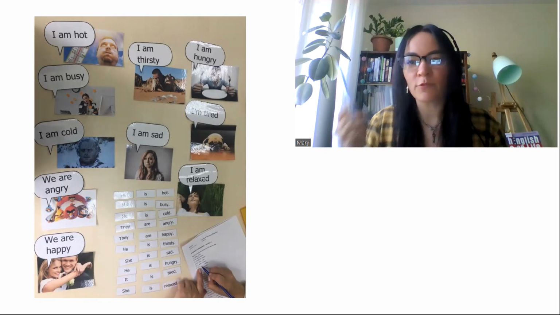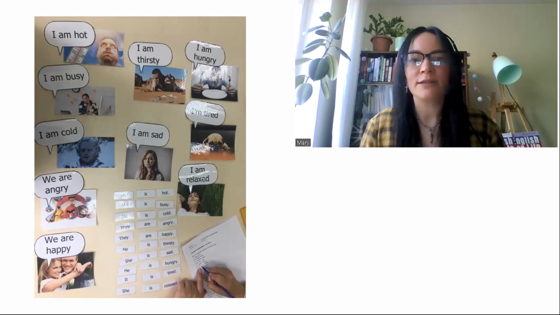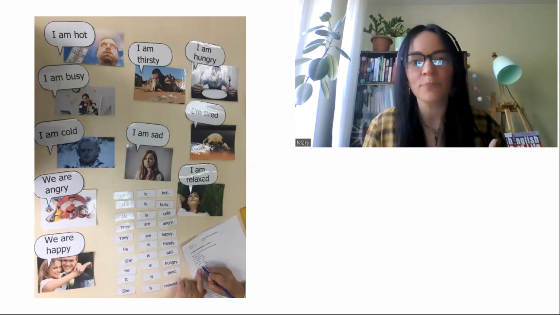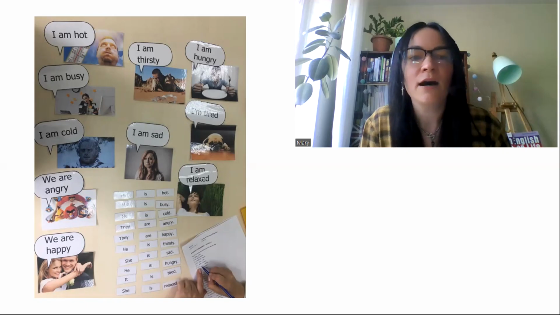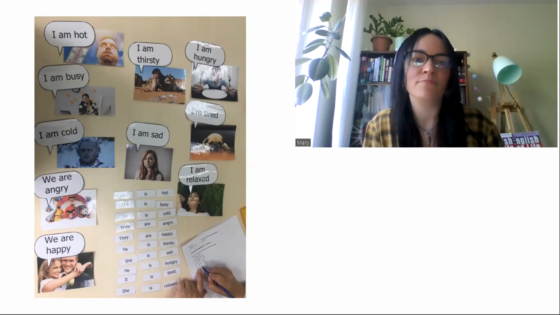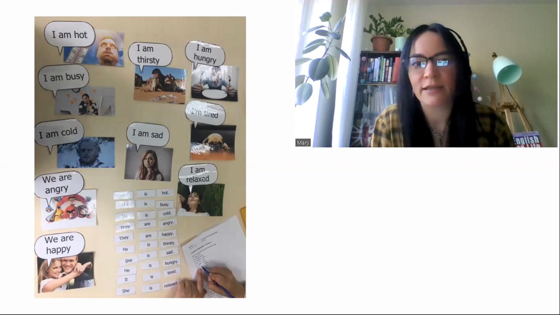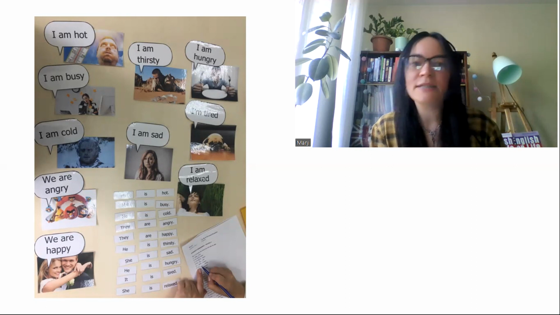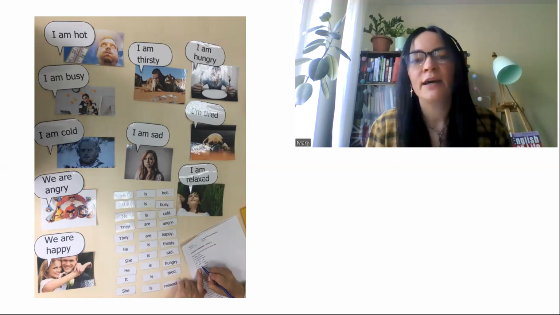Or you can use some objects that are around you, or you can prepare some pictures and some words in advance. As you can see in this photo, which was taken by me in my classroom, I used some pictures, printed and laminated, that explained the meaning of some adjectives like thirsty, busy, or angry.